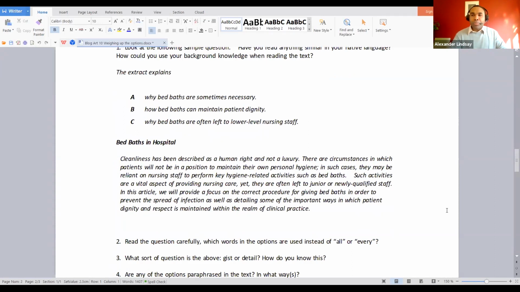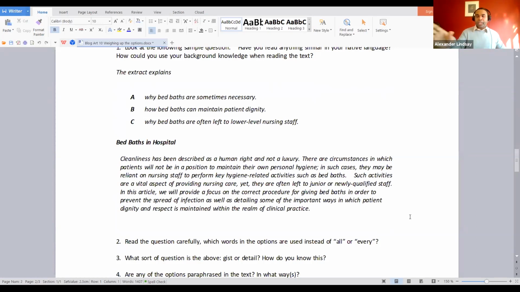Are any of the options paraphrased in the text, options A, B, and C? Can you find any examples of paraphrasing of options A, B, and C in the text? If you can, please share that in the chat. So any paraphrasing that you can find.